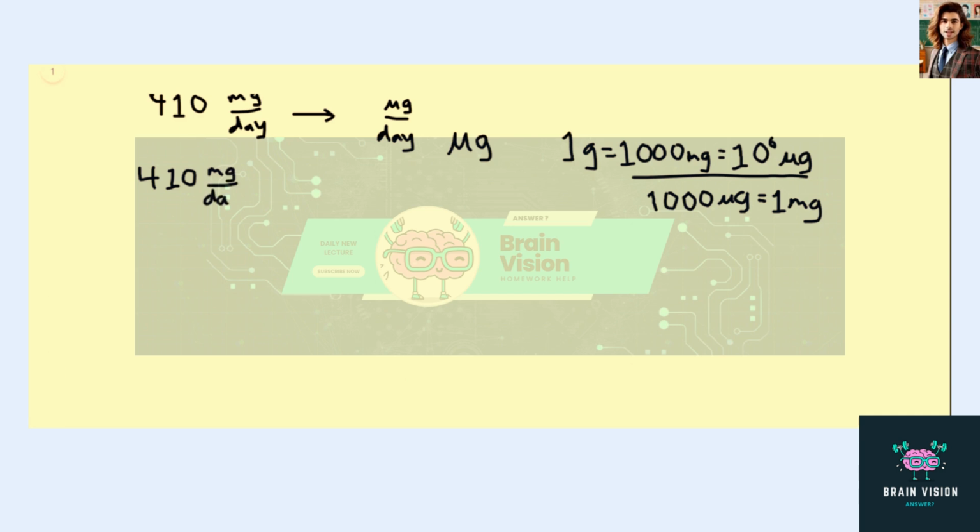When we're converting units, we just multiply by 1. We have our quantity here, and we want mg on the bottom, so we divide both sides by milligrams, and we get that this is equal to 1. So 1 milligram on the bottom, and we have 1,000 micrograms on top.